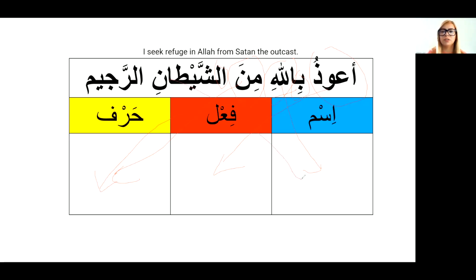So we're gonna put this over here. الرجيم, we have the alif lam as well. We're gonna put it over here, so it's ism as well. أعوذ means أنا أعوذ, so I seek refuge. أنا أعوذ, so that's a verb.